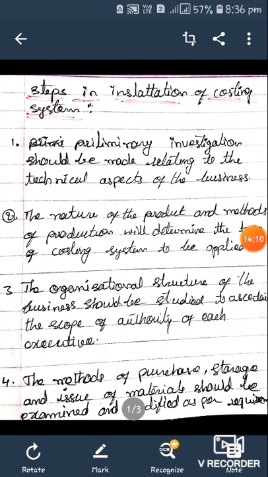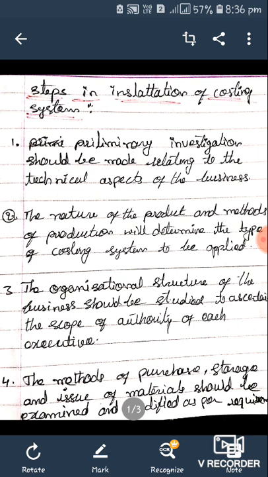And the next step is the nature of the product and methods of production will determine the type of costing system to be applied. The nature of products is very important to determine what kind of costing system to be installed in the company.